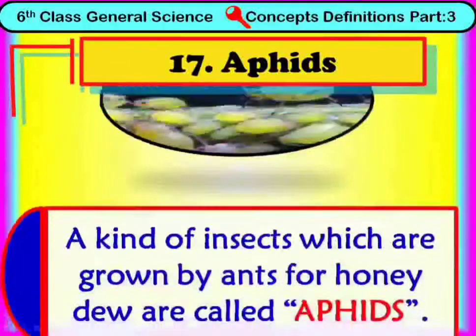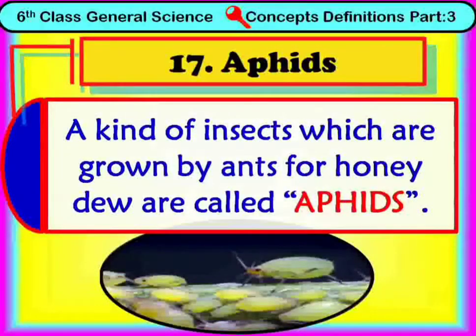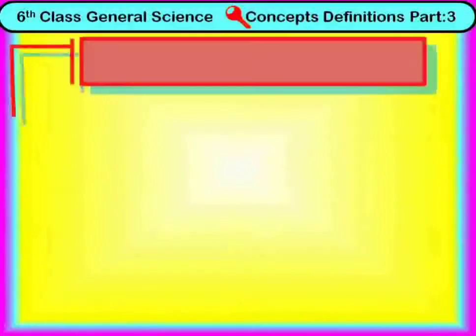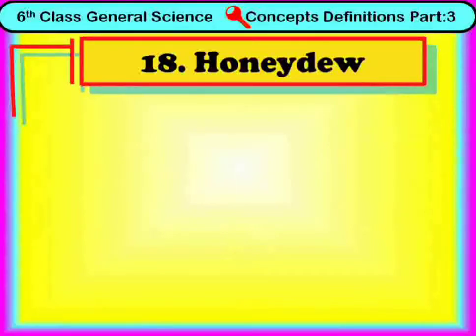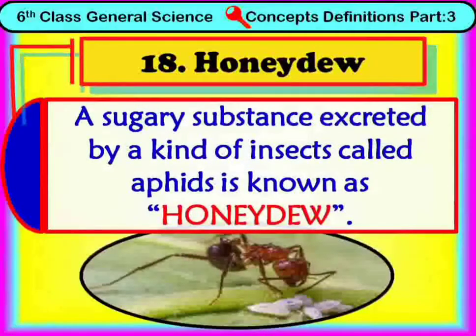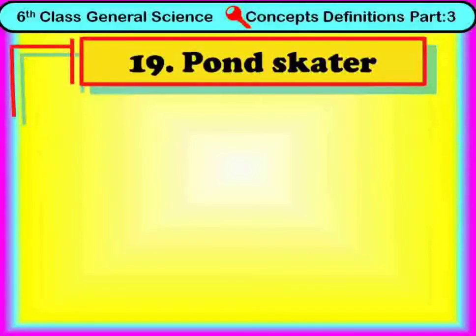Aphids. A kind of insects which are grown by ants for honeydew are called aphids. Honeydew. A sugary substance excreted by a kind of insects called aphids is known as honeydew. Pond skater.